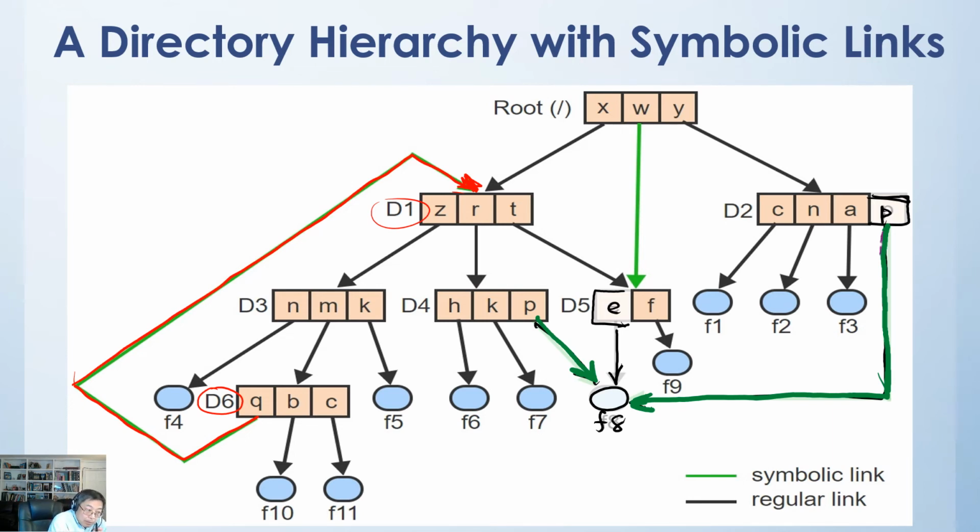Now this may cause an issue. Since D1 is at the higher level, a cycle is created. So D1 has a directory D3, and D3 has D6, and D6 is pointing to D1. So then you certainly create a cycle.